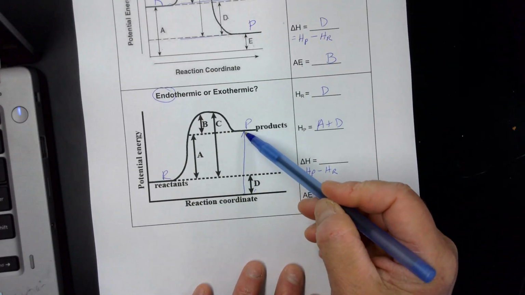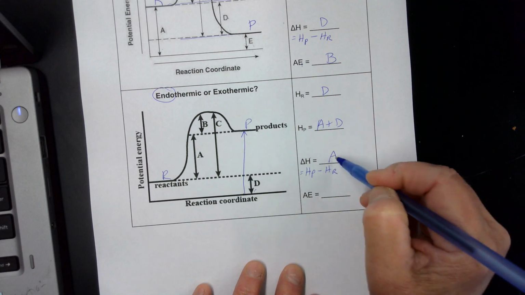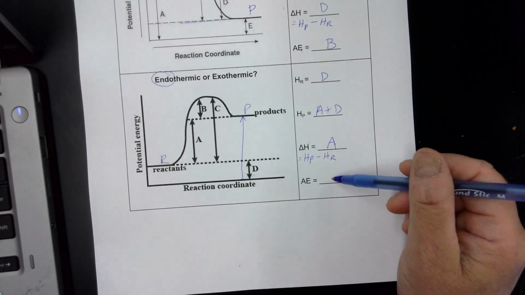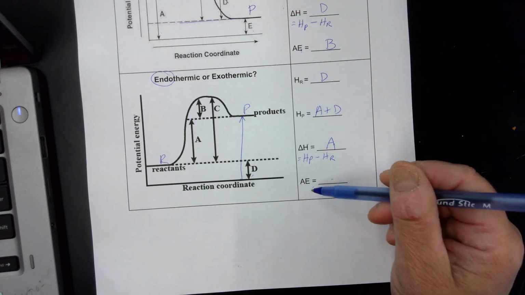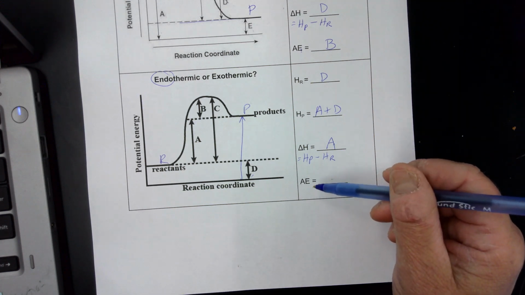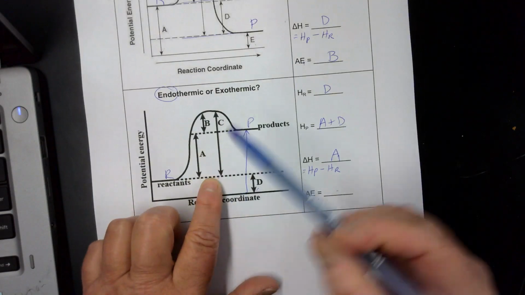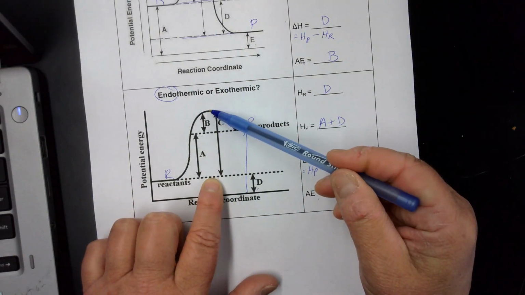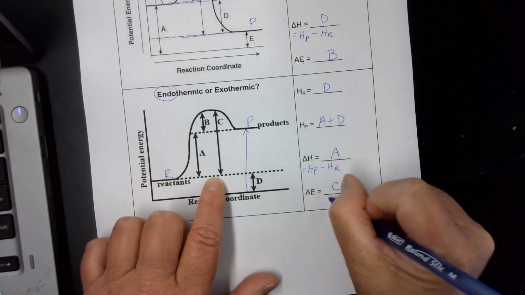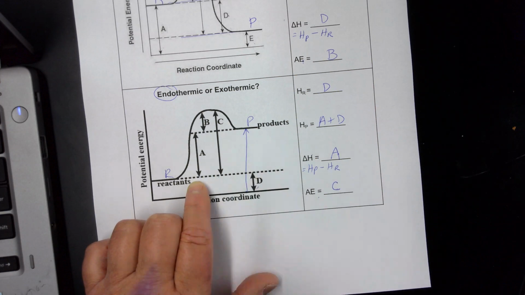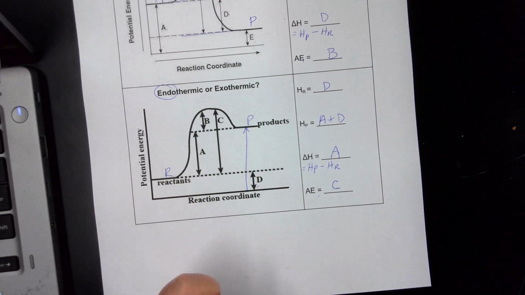So the difference between the products and the reactants energy is arrow A. And lastly, the activation energy, which is the energy you add to the reactants. If the reactants are here, the activation energy goes all the way to the top. The only arrow that covers all that distance is C, or I suppose you could say A plus B. That would also do it, but the easiest answer there is C.